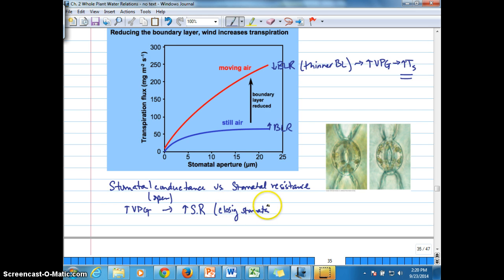Okay, so that's how we think about the effects of environmental or climatic factors before stomata respond, but then we have to, after that fact, consider how stomata respond to that vapor pressure gradient.